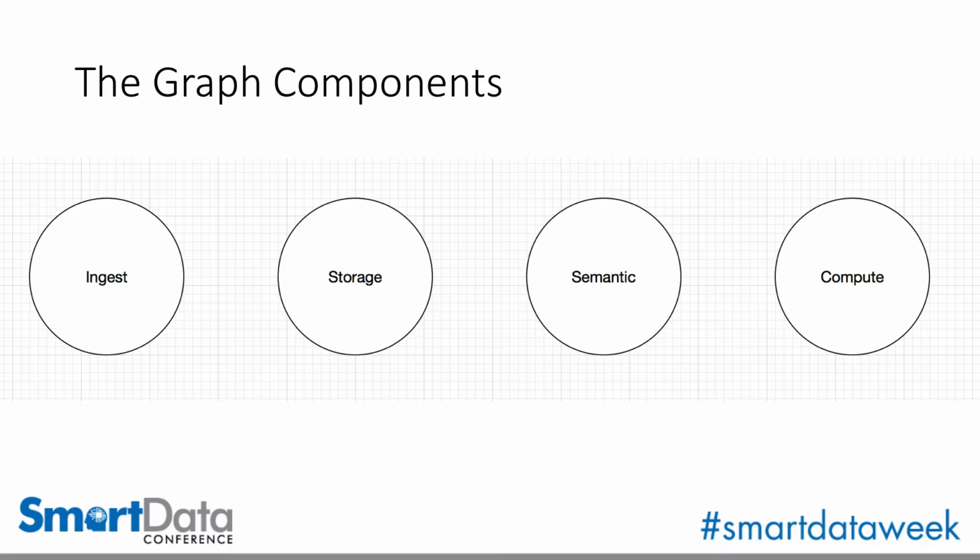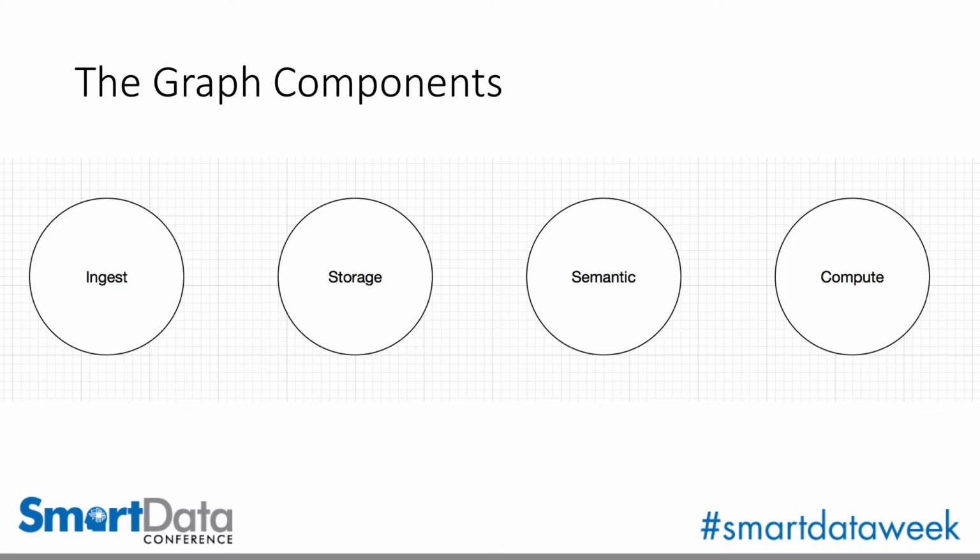And so storage and semantic are important to separate, because often everybody just says graph database, and it's either an RDF graph or property graphs that don't support RDF, et cetera. But RDF is actually a specification. It's not a graph database itself. It's a way of representing data. It's a model. It doesn't actually deal at the storage level.